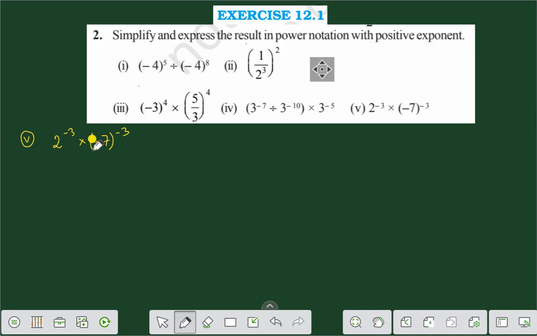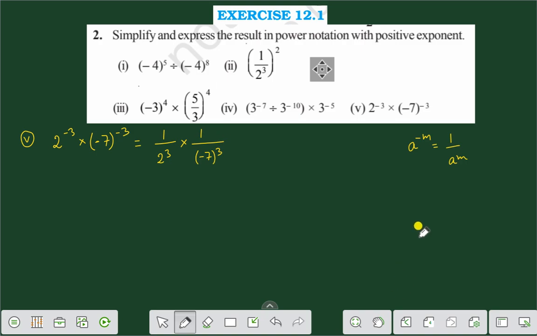Then we can use the formula a^(-m) is equal to 1 by a^m. Therefore, we can write 1 by 2^3 into 1 by (-7)^3, right?